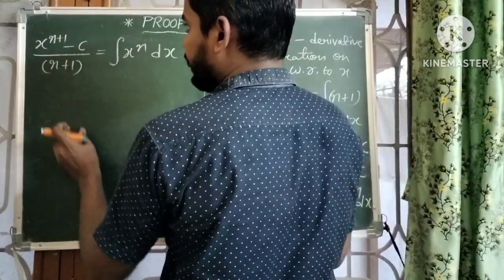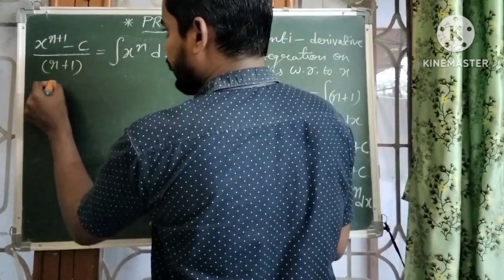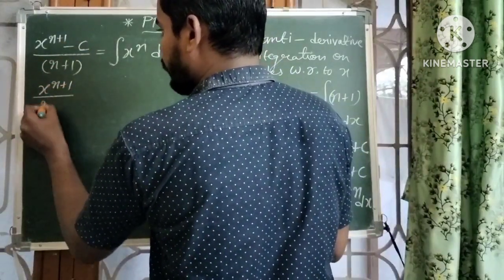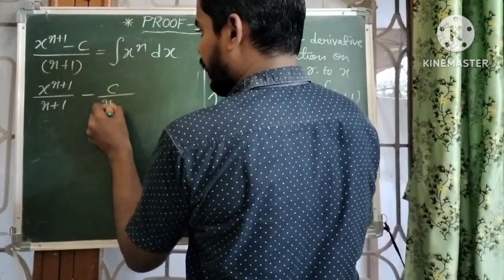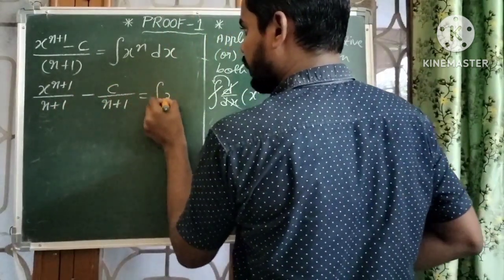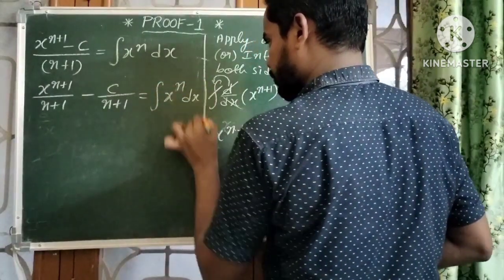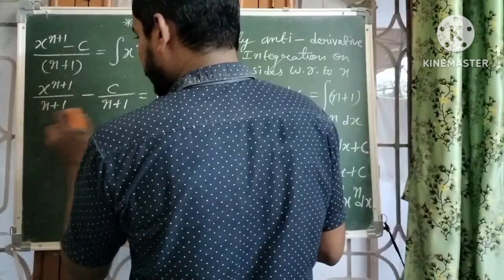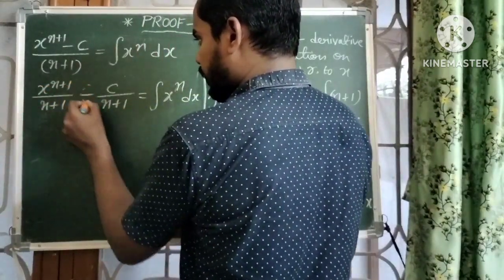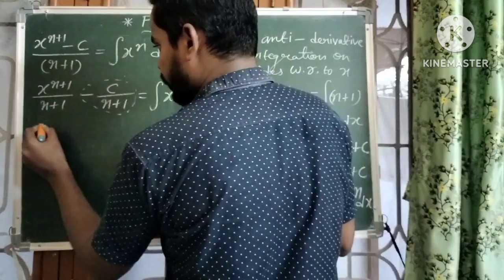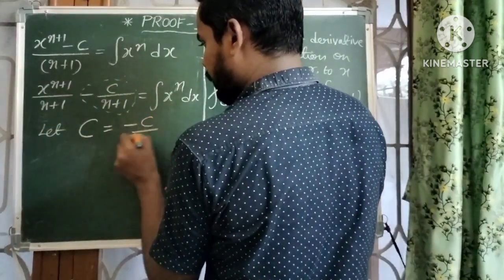Splitting, you will get x power n plus 1 by n plus 1 minus c by n plus 1 is equal to integral x power n dx. Let capital C be equal to minus c by n plus 1.